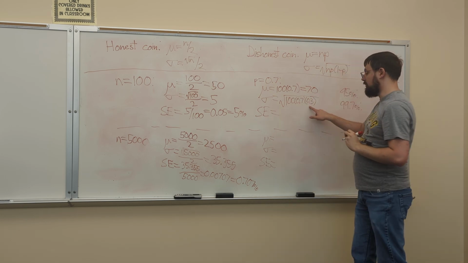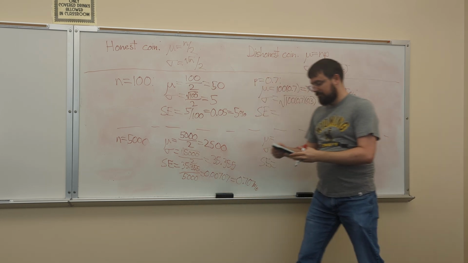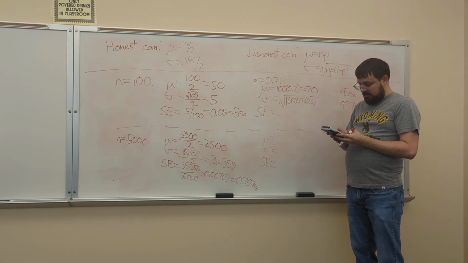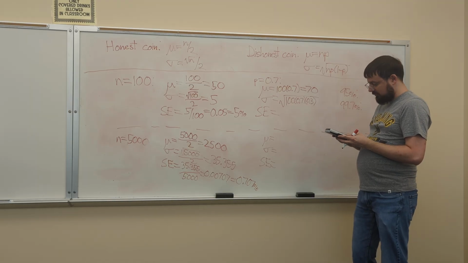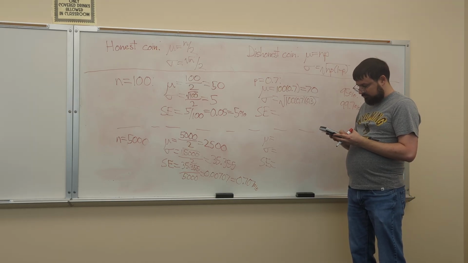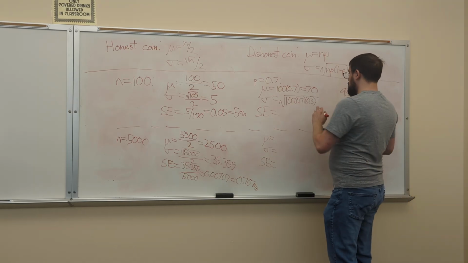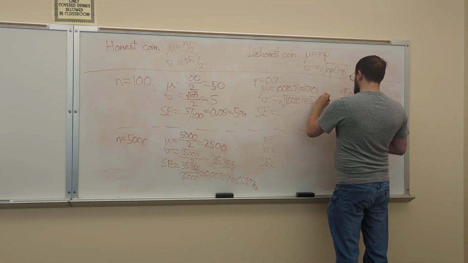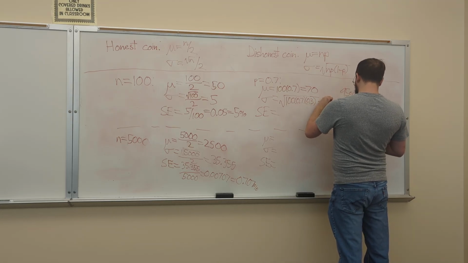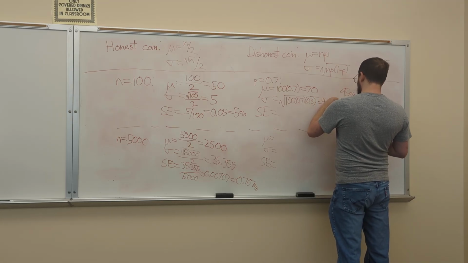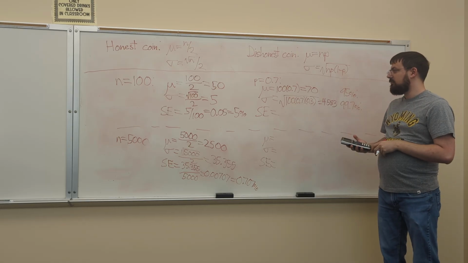So 0.3 being 1 minus p in this case. So this would give us 4.583 as our standard deviation.